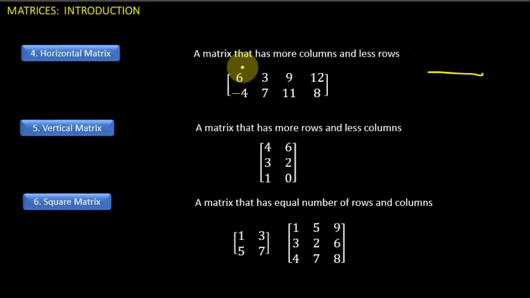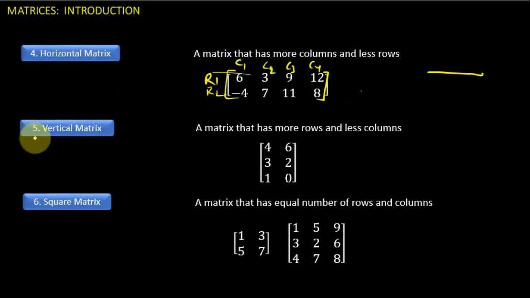How many columns do we have here? C1, C2, C3, C4. 4 columns, but only 2 rows. Therefore it looks like a horizontal line. So this is a horizontal matrix.